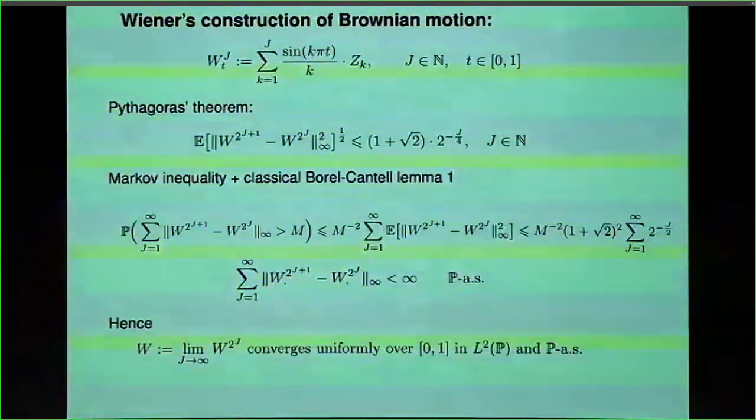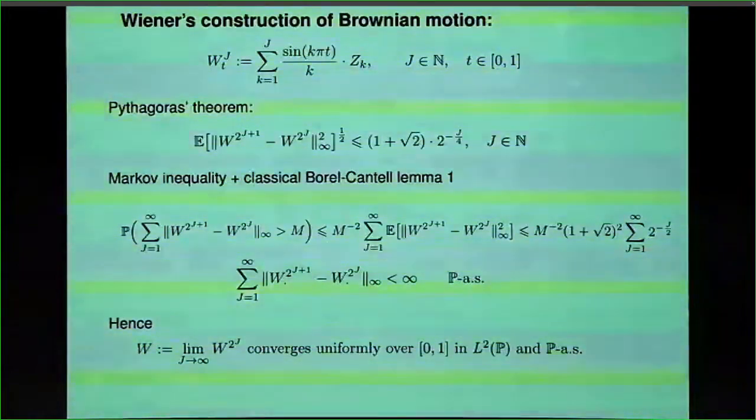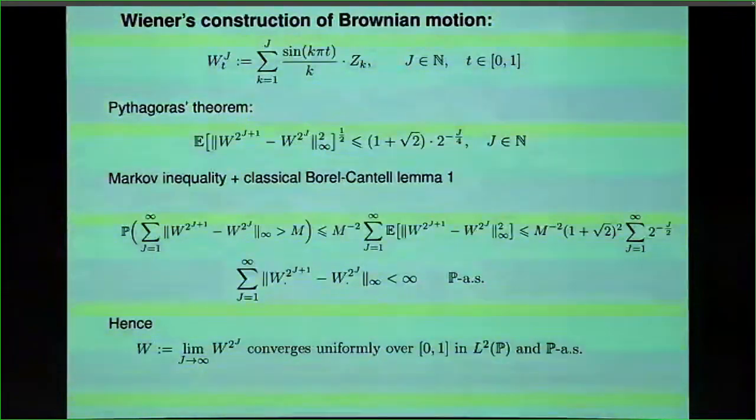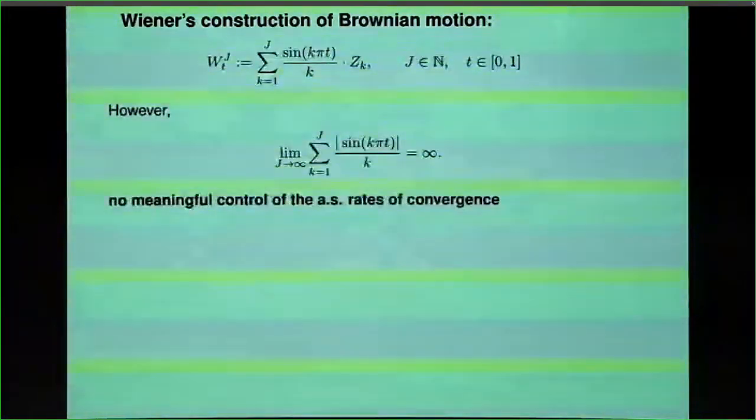Then you use Markov's inequality for some m here. Here are our moments, and you can see that it's summable, and this is how you get something almost surely. This means it is almost surely a Cauchy sequence, and it converges uniformly over 0, 1 in L2 and almost surely. The point is you don't know much more about this beyond that it's almost converging.